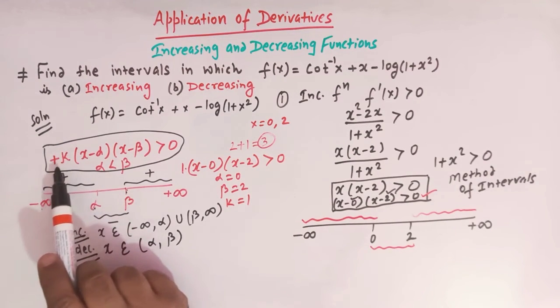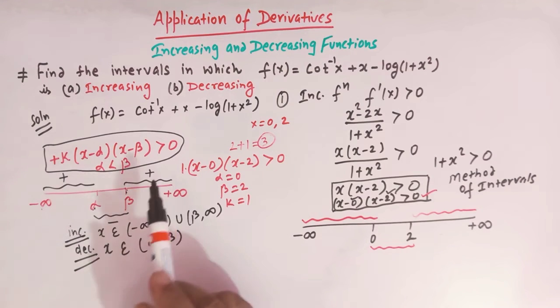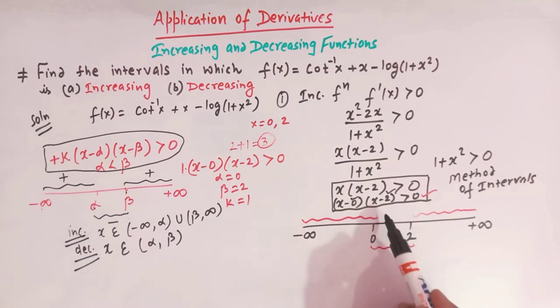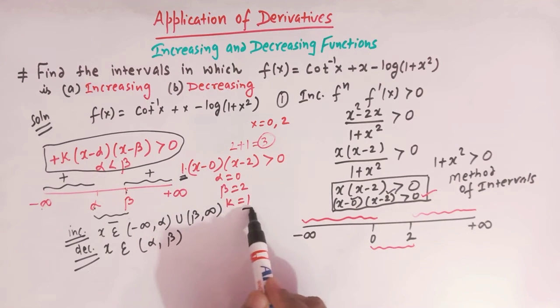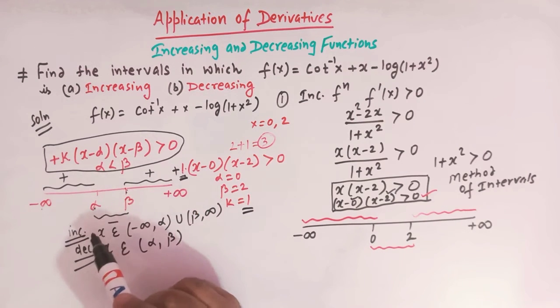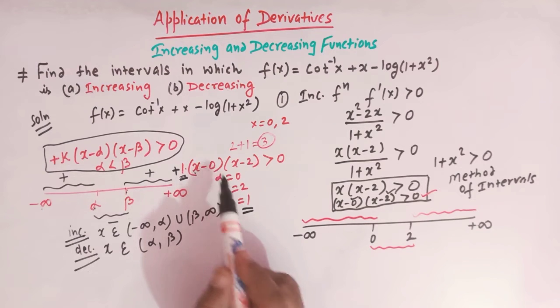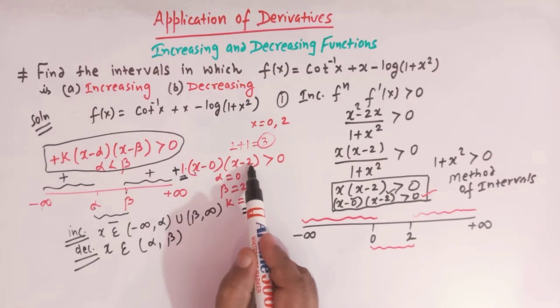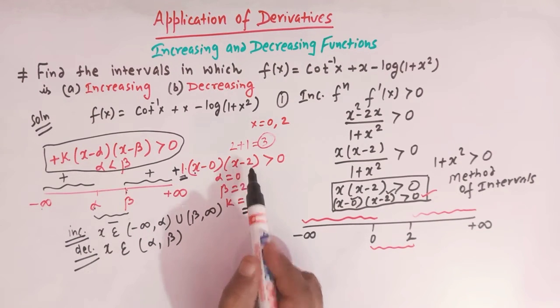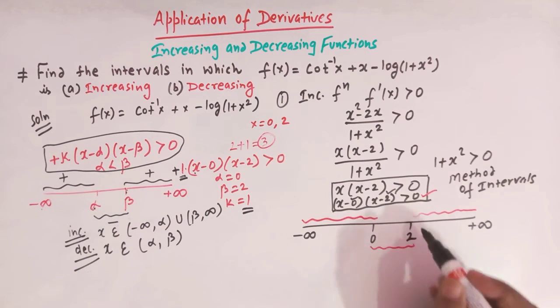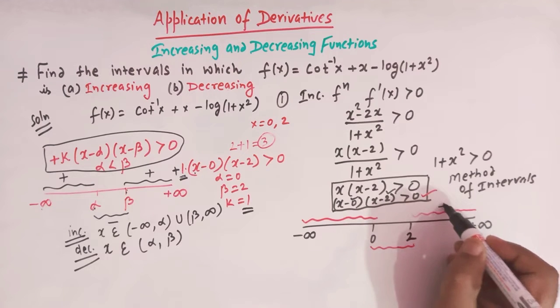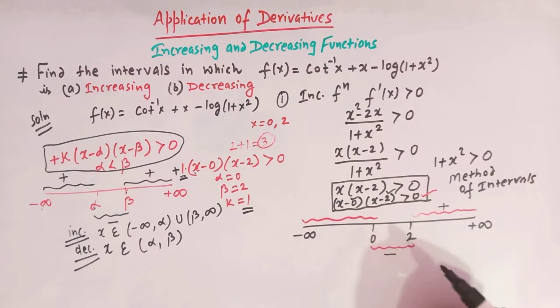Okay, so if we use this method for this inequality, we see that the value of k is 1, that is positive 1. Then we have x minus alpha, alpha is 0, and x minus beta, beta is 2. So this case is similar to the previous one. Here we'll start with positive sign, then negative sign, and then positive sign.